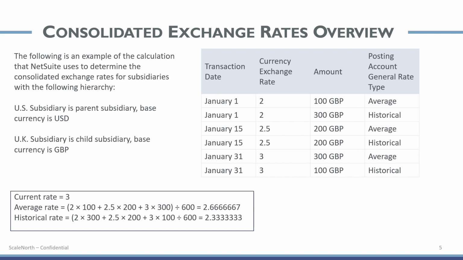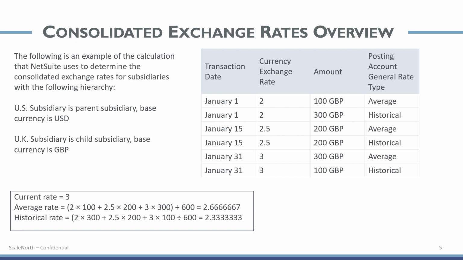On the right side, we can see a table with multiple transactions on different transaction dates, and their corresponding currency exchange rates, amounts, and the general rate type used by the transaction. In this example, the current rate is equal to 3. By January 31st, the exchange rate on that day is 3, which represents our current exchange rate.